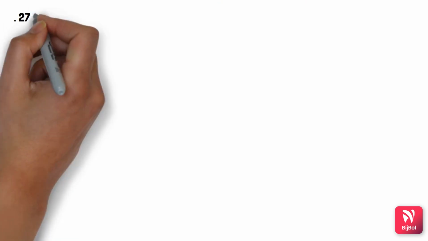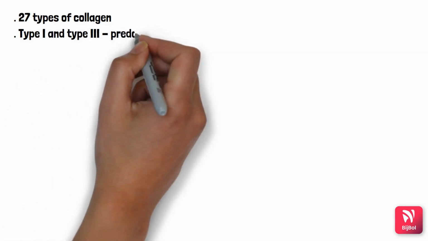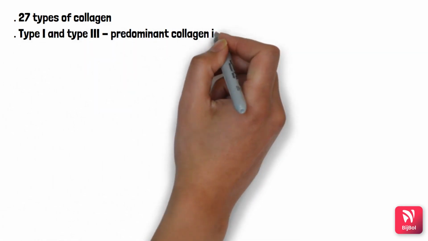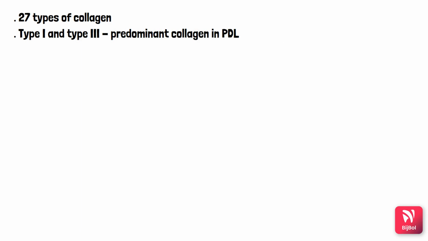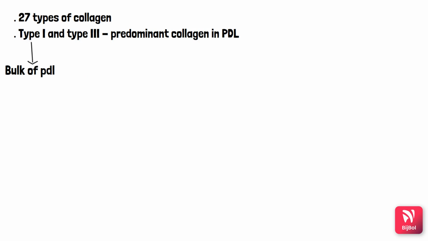So as formation of collagen is by fibroblasts, even degradation is also by fibroblasts only. And depending upon the type of alpha chains, that is genes which are produced, there are 27 types of collagen. So of which type 1 and type 3 are the predominant collagens which are seen in PDL, whereas type 1 is the main type of collagen, or it forms the bulk of periodontal ligament.